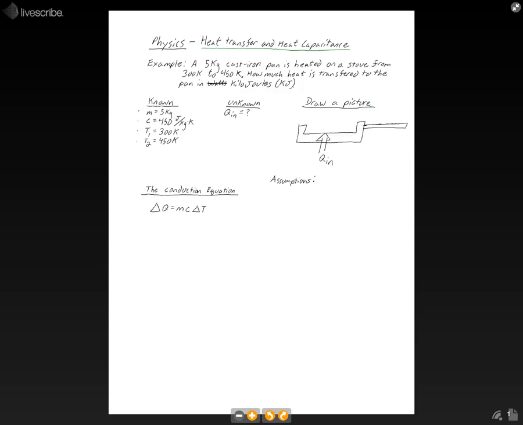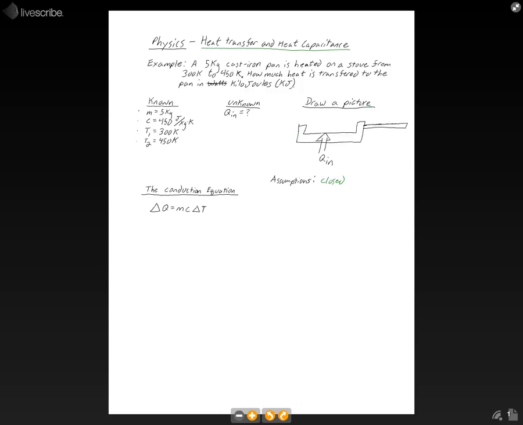And with this heat being conducted in, we know that we've got a closed system because we don't have any heat being conducted out, and we're not talking about any sort of other heat transfers. So basically this system is going to be closed, and we're just talking about the amount of energy to warm this pan up.